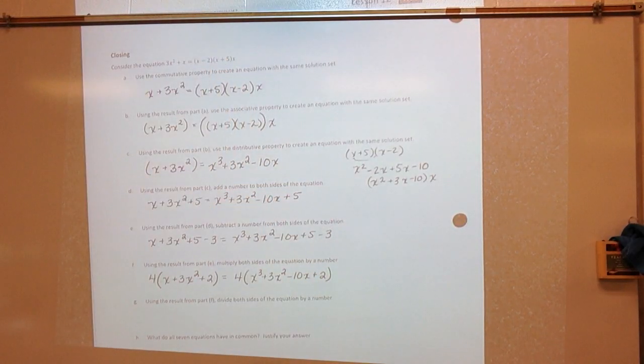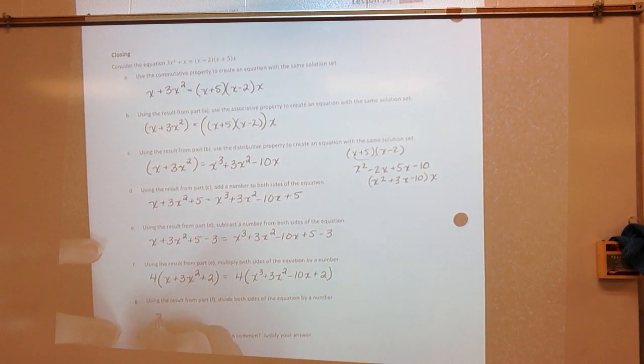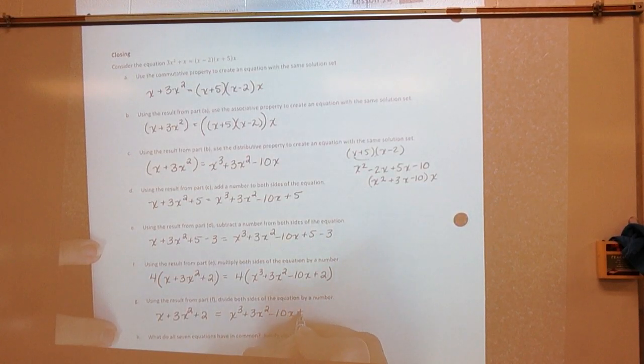Okay? Using the results from part F, divide both sides of the equation by a number. I'm going to divide by 4. If I divide that by 4, look at what I end up with. X plus 3x squared plus 2 is equal to x cubed plus 3x squared minus 10x plus 2.